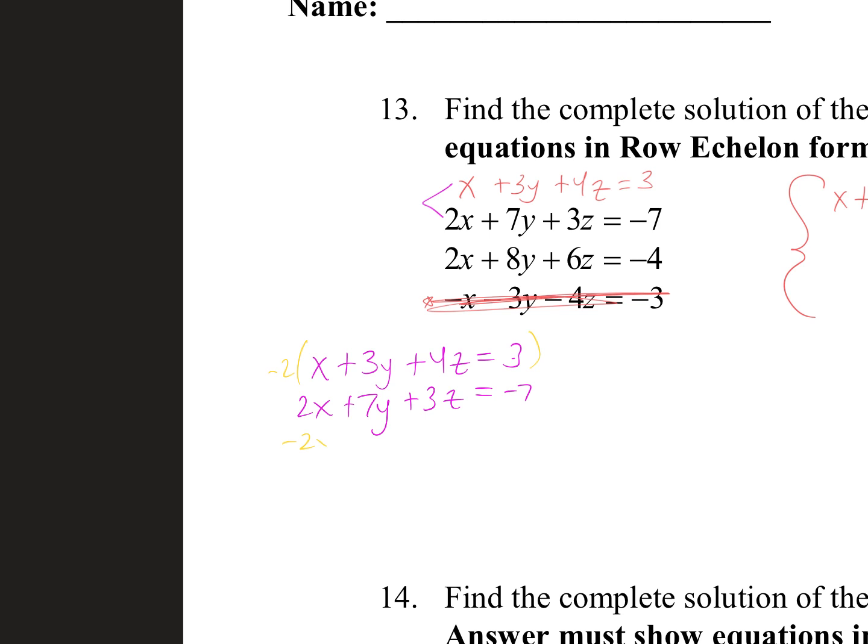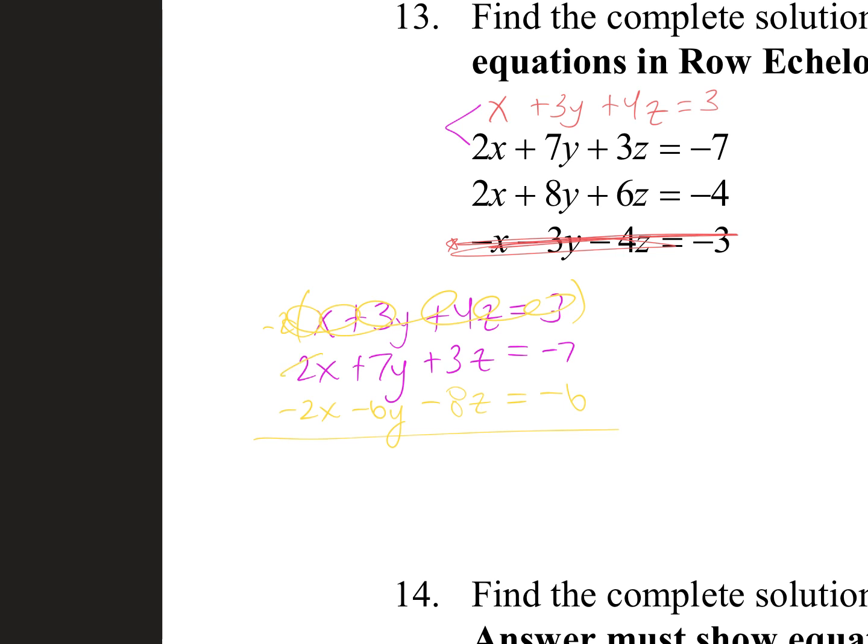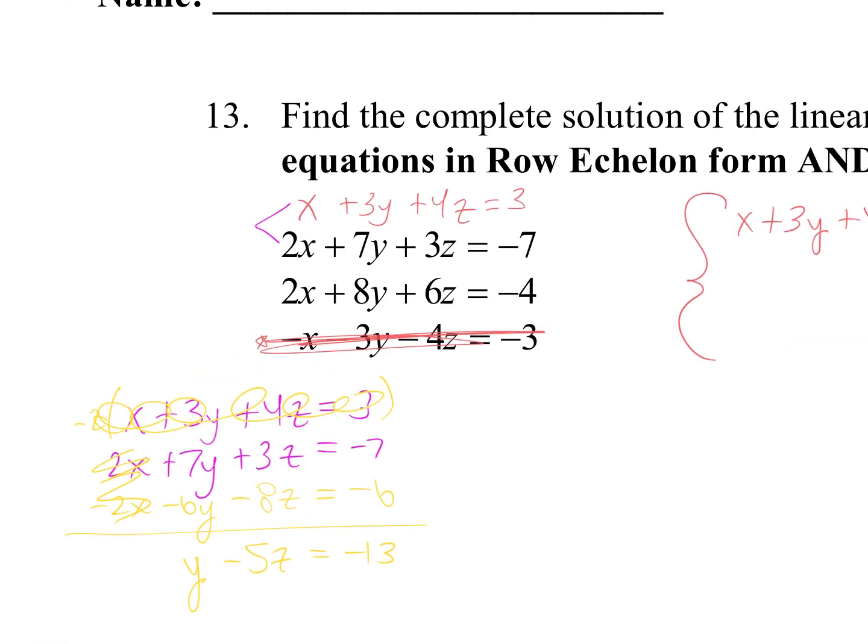So I have -2x minus 6y minus 8z equals -6. So this cancels. I'm left with 1y minus 5z equals -13. Everybody agree? All right, that's my second equation.